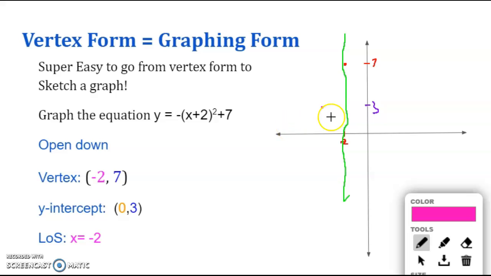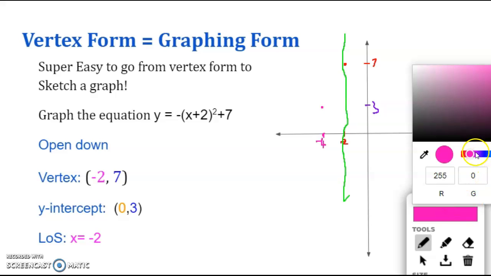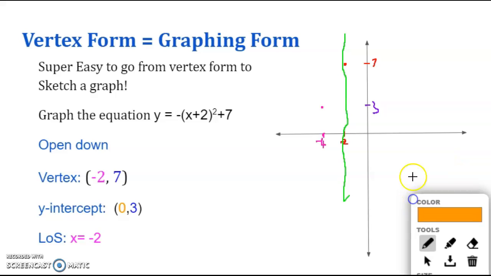What does that point represent? That's going to be (-4, 3), because it's always going to be symmetrical. Now I have 3 points, and that's pretty good, so we can draw a decent graph.